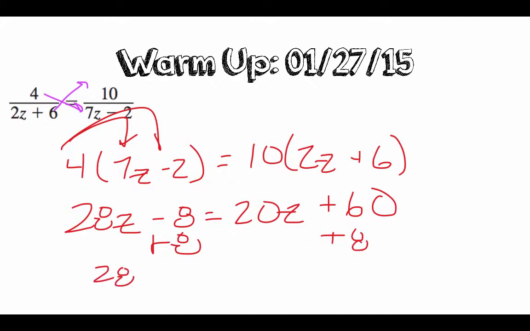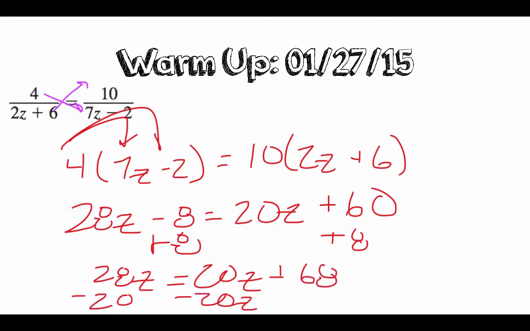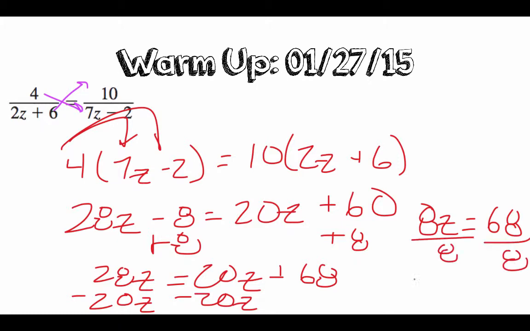All right, 28z equals 20z plus 68. Subtract 20z from both sides. 8z equals 68. And when we divide 68 divided by 8, we get 8.5. If you wanted to simplify it like I did on the board in class, you could get a fraction, but the fraction should equal 8.5.